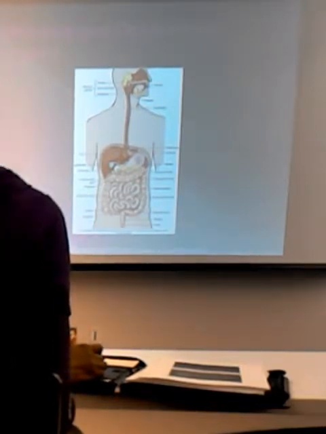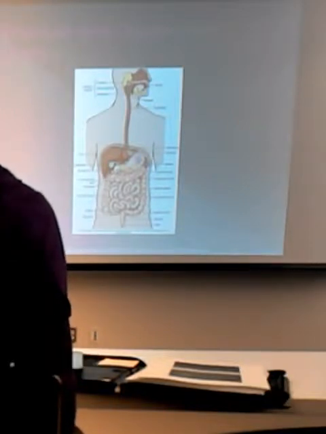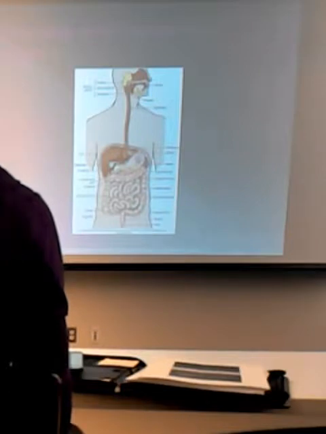So listen, where does carb digestion begin? The mouth. Where does protein digestion begin? The stomach. Where does fat digestion begin and end? Small intestine. And all digestion is completed in the small intestine, and all, or the majority of, nutrient absorption happens in the small intestine.